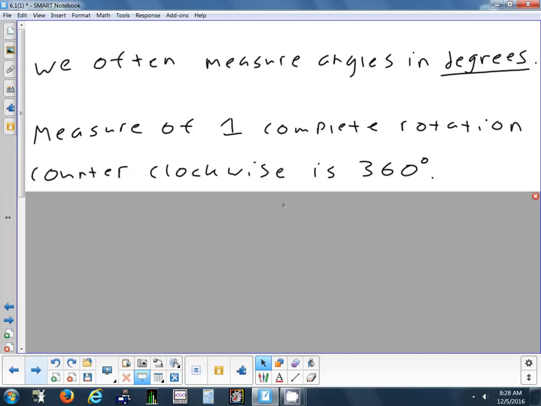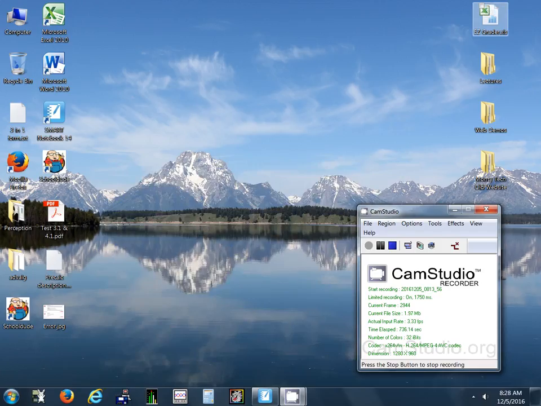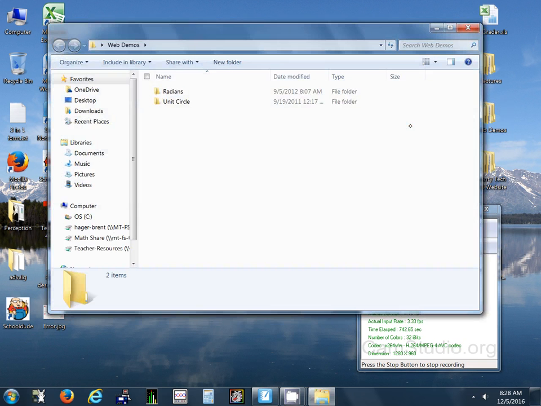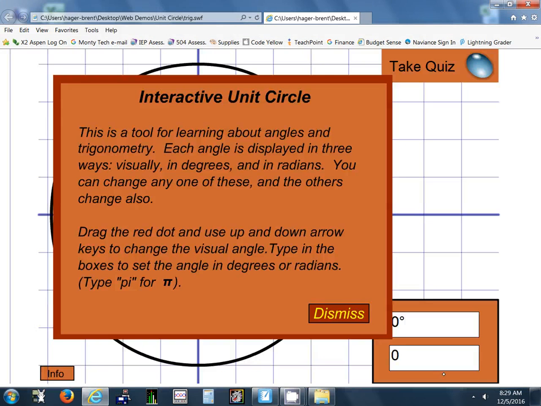I've got a little program. I can draw an angle that's 360, and I bet you can guess the difference between what happens if you go one way versus the other. So this is a program that lets me draw angles.